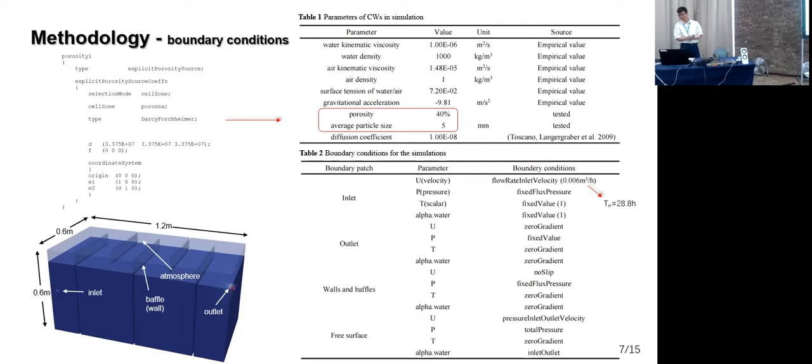So the nominal residence time is 28.8 hours, which means that when water flows into the system, each single particle theoretically should stay in the tank for this long, 28.8 hours.